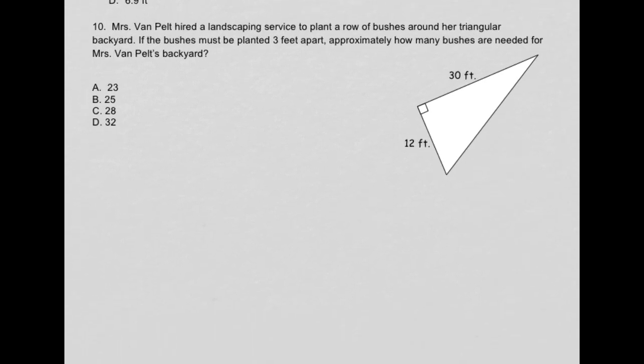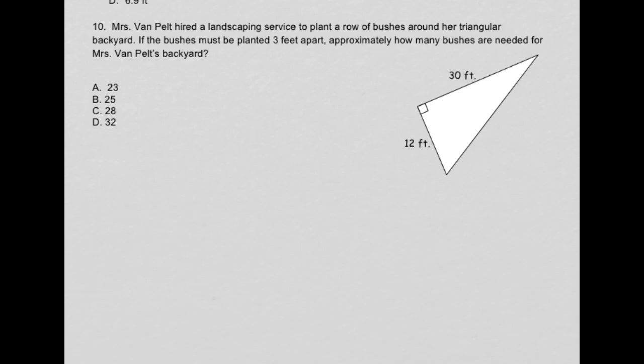Number 10, Miss Van Pelt hired a landscaping service to plant a row of bushes around her triangular backyard. If the bushes must be planted 3 feet apart, approximately how many bushes are needed for Mrs. Van Pelt's backyard? Well, I won't do this one for you, but I'll tell you the strategy for it.